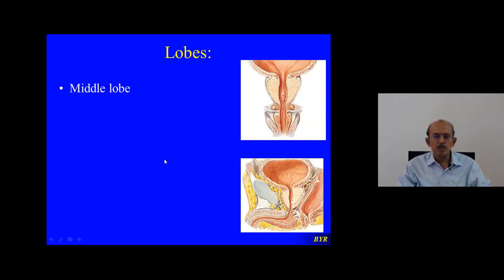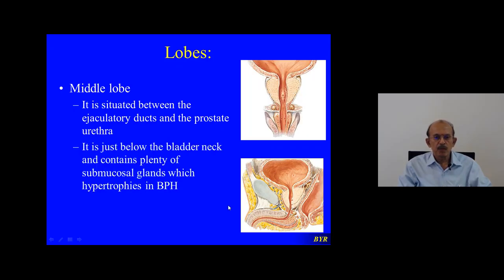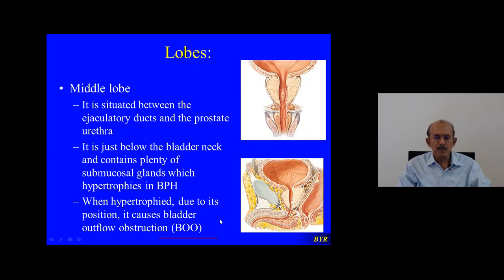Already I told you, the middle lobe is situated above the ejaculatory ducts, between the ejaculatory ducts and the prostatic urethra. It is just below the bladder neck and contains plenty of submucosal glands which hypertrophy in BPH. When hypertrophied, due to its position, it causes bladder outflow obstruction.